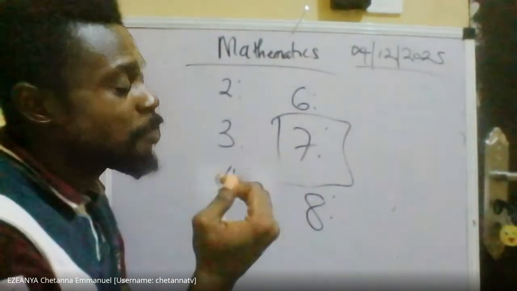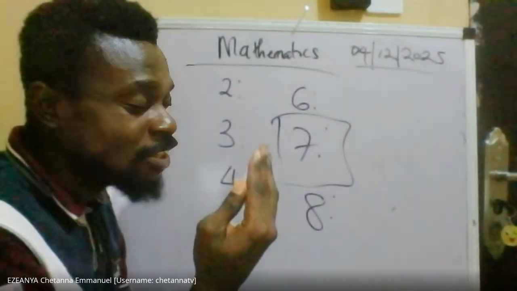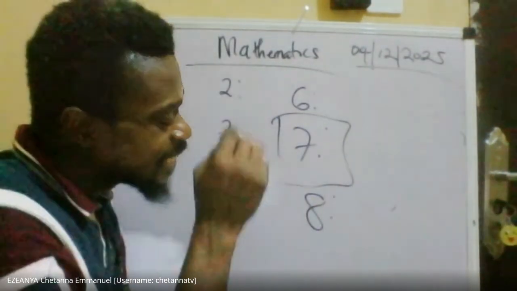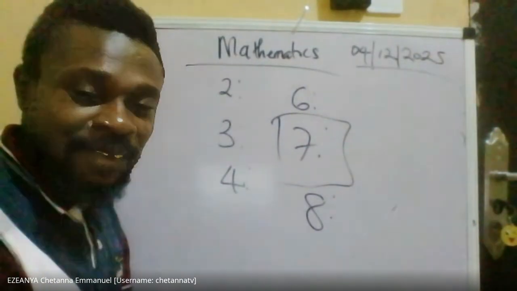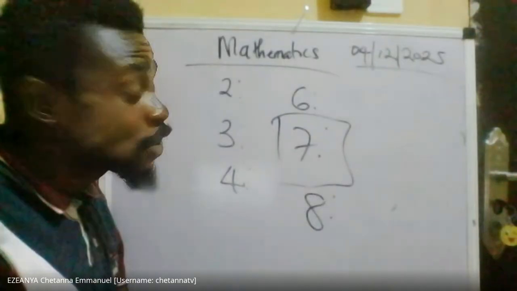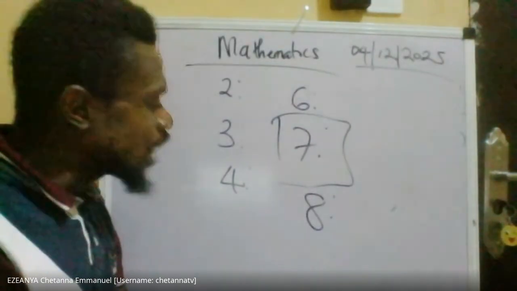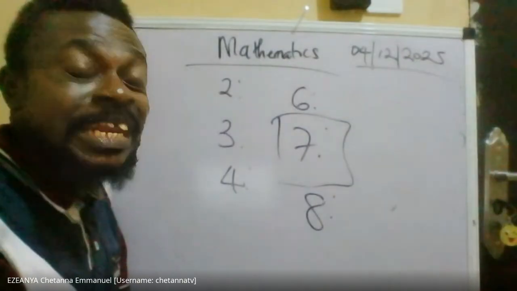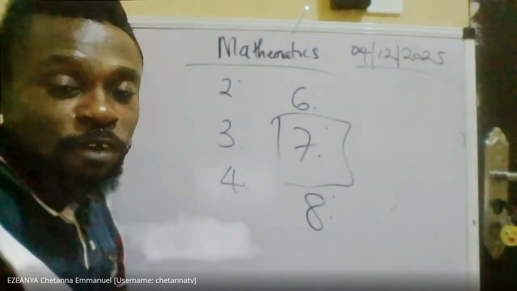At most, the last 3 digits of the number matter. Once the last 3 digits are divisible by 8, that number will be divisible by 8.